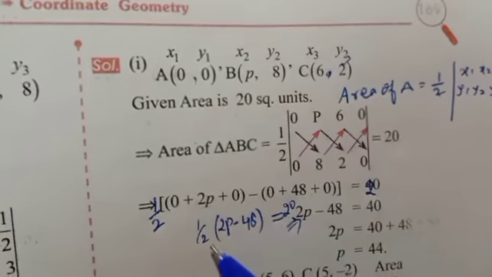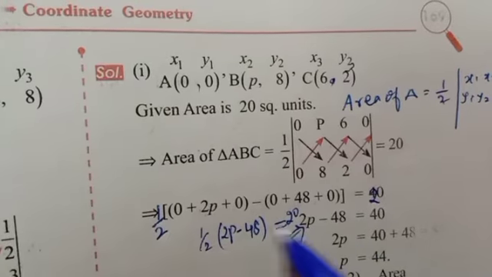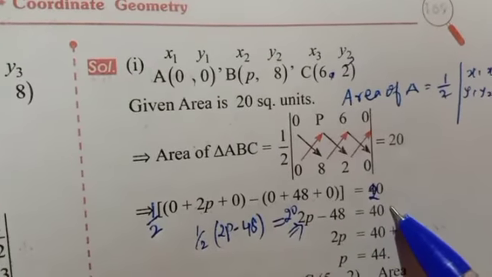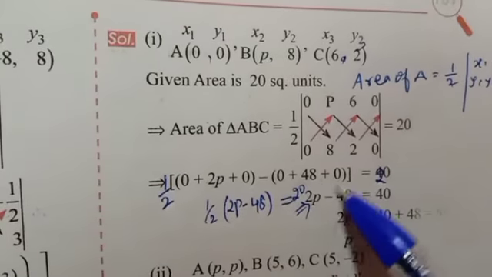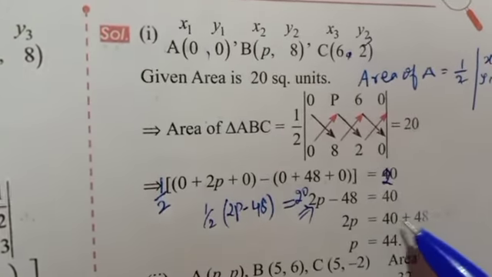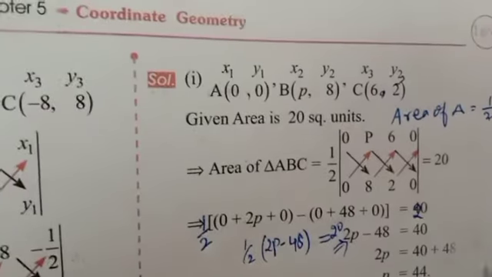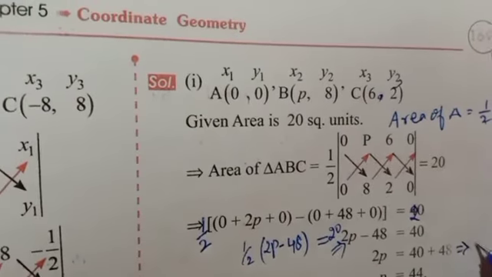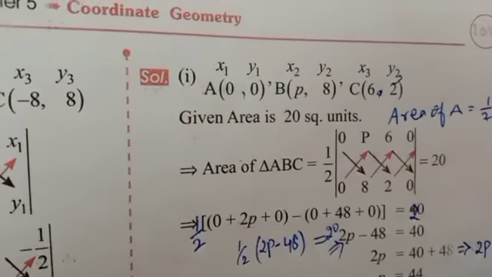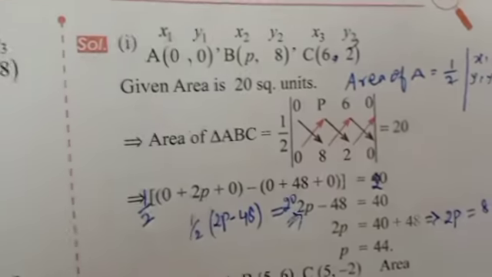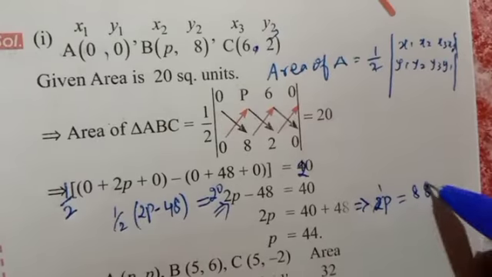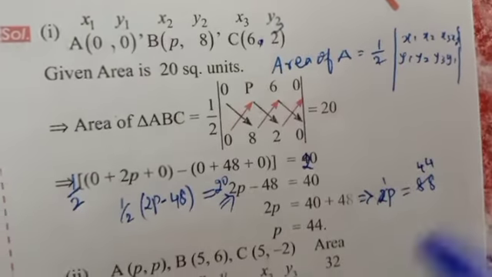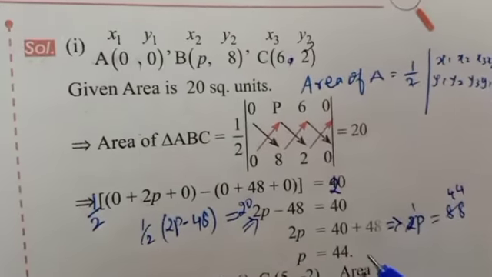This implies, taking the 2 to this side, 2p minus 48 is equal to 20 into 2, which is 40. Now transpose the 48 to this side and add: 2p is equal to 88. That is 2p is equal to 88, so p is equal to 44.